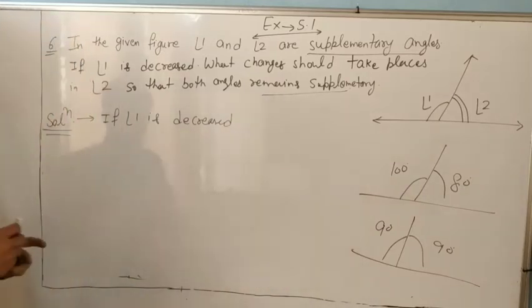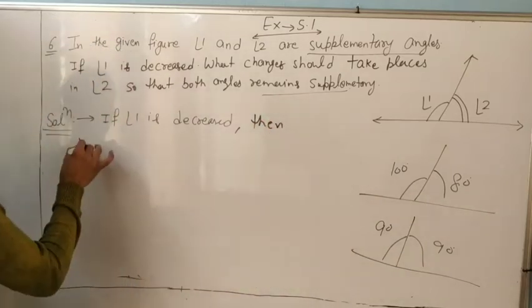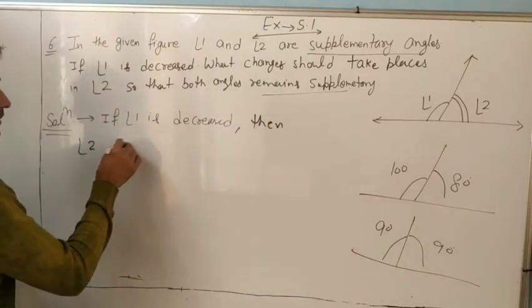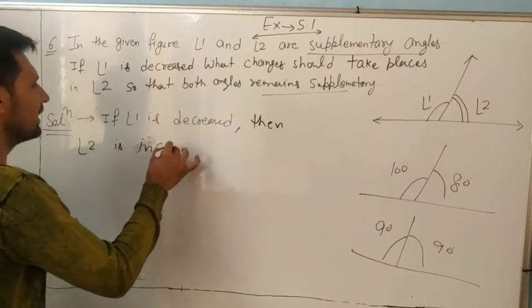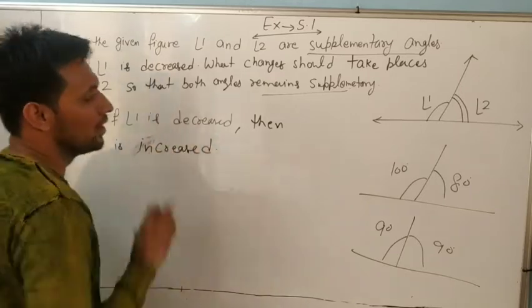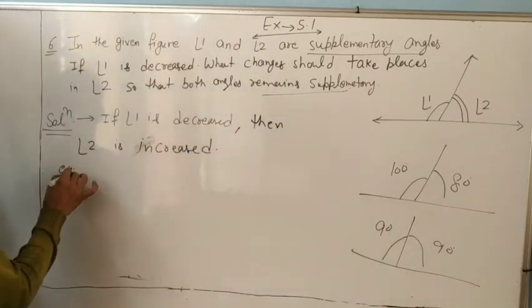So we will write: if angle 1 is decreased, then angle 2 is increased. It's very simple, dear. Okay, dear. So you will write an example.